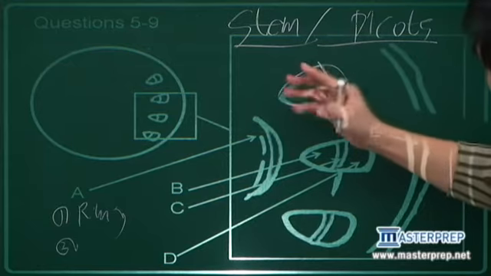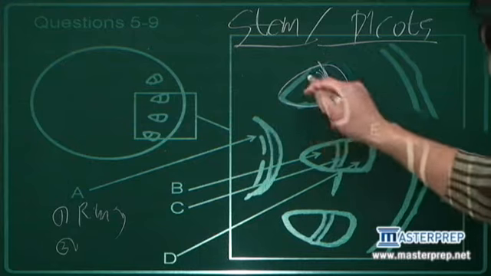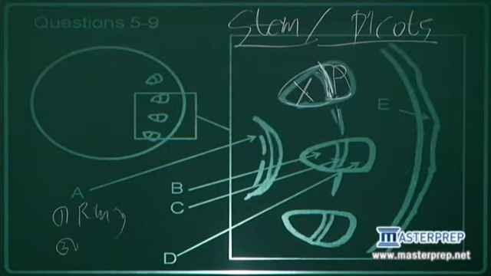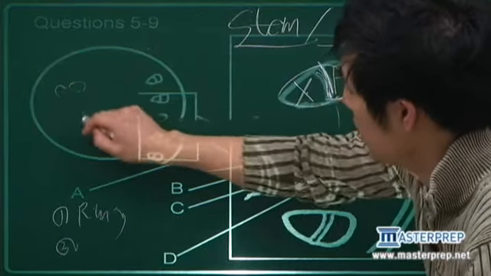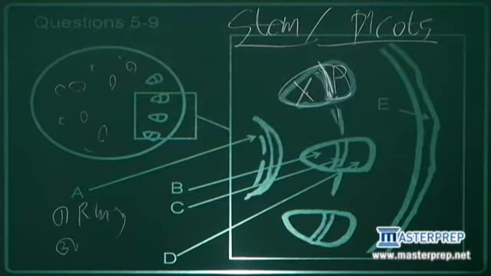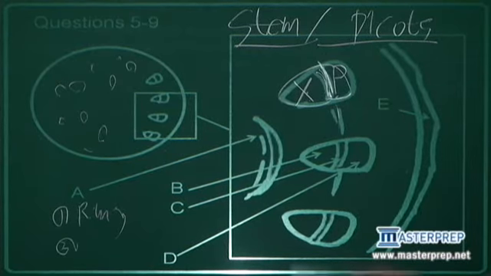So as always, on the inner layer, we have xylem. On the outer layer, we have phloem, right? Okay. If they were all scattered like this, xylem, phloem, xylem, phloem, xylem, phloem, then that means this is the stem of monocots, not the dicots, right?